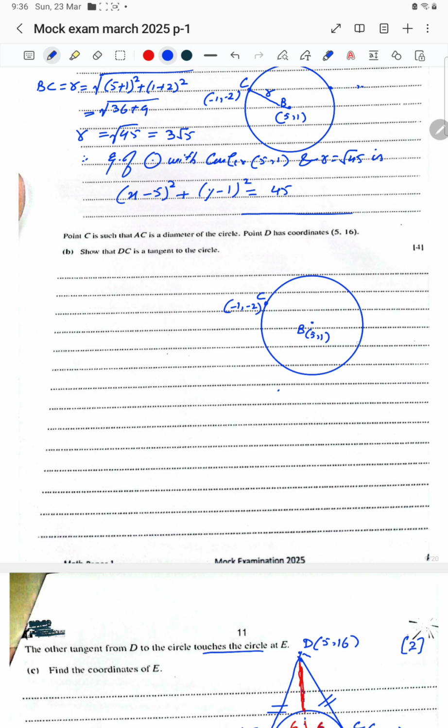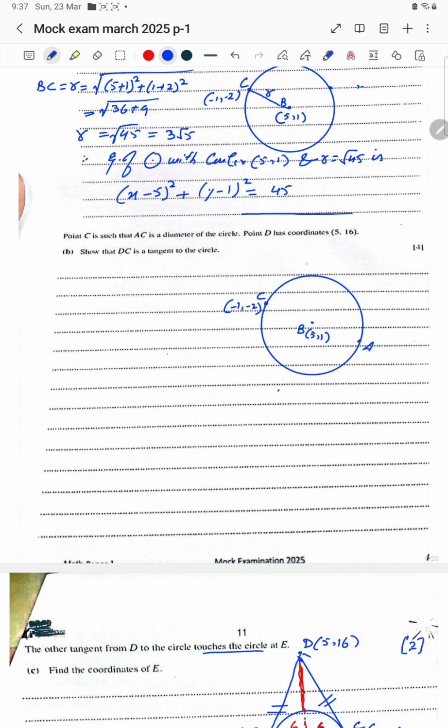Suppose we have A here. Point D has coordinate (5, 16). It is okay. Show that DC is a tangent to the circle.